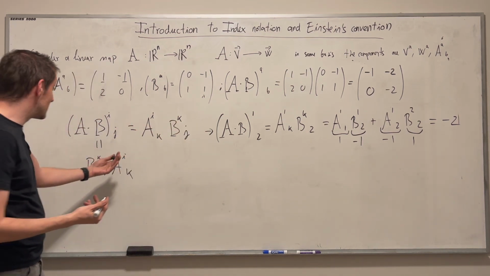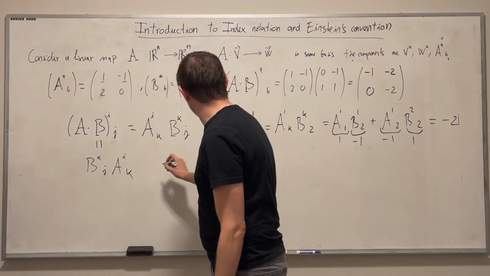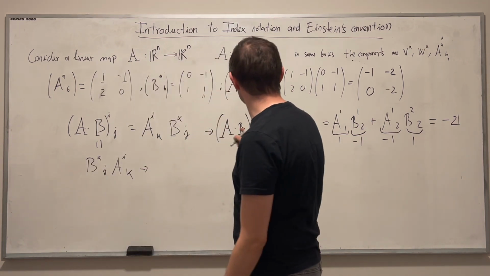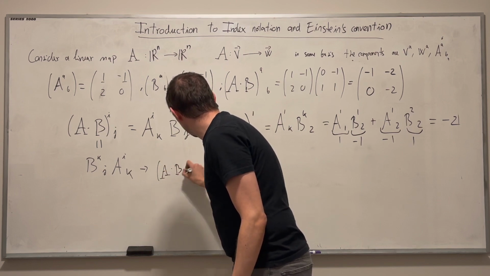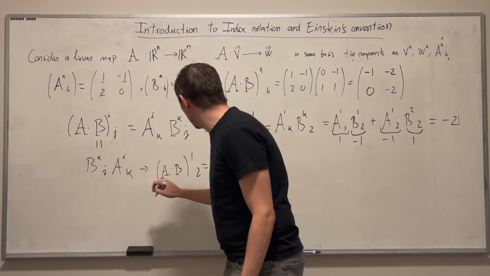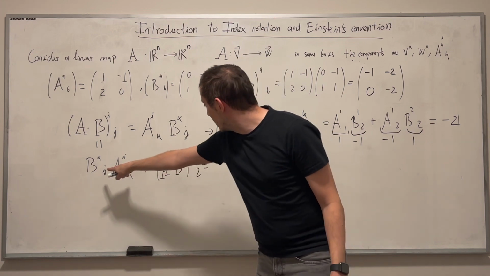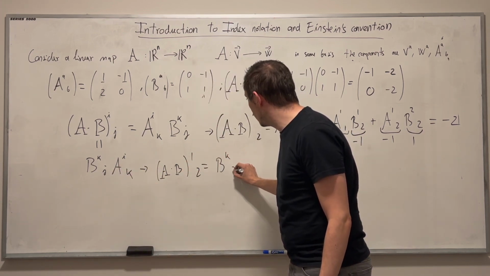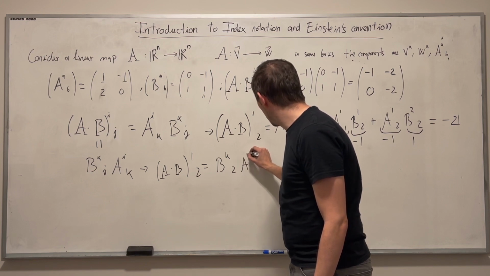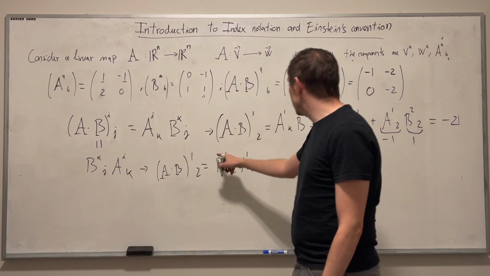You don't believe me? Let's see what sum this is. Let's compute here, again with this expression, A times B, entry 1, 2. Well, that would be i is 1 and j is 2. So that would be B_k2 A_1k. And this is an Einstein sum.